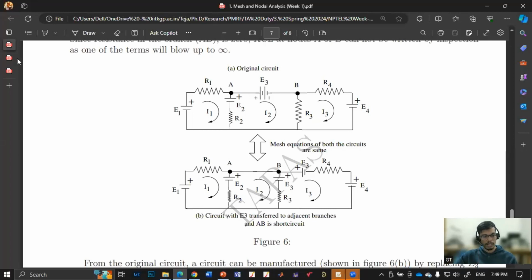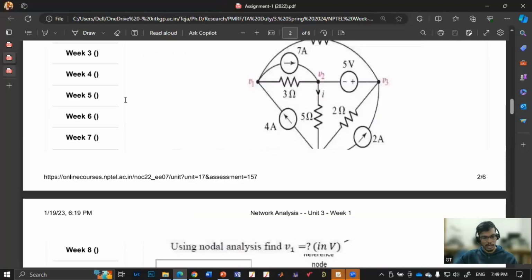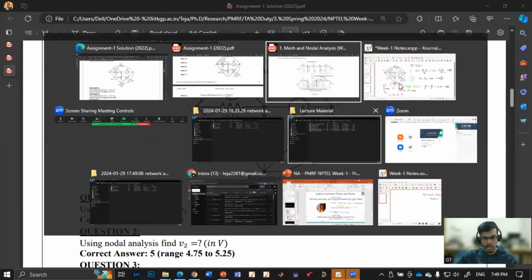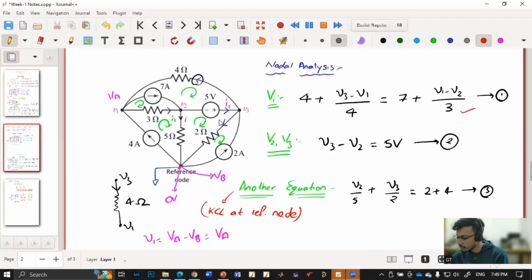But there could be some questions like this where, instead of transforming this voltage source, I could apply KCL here, which will save me a lot of time and also simplifies my job. So it is not always necessary to follow the tricks.